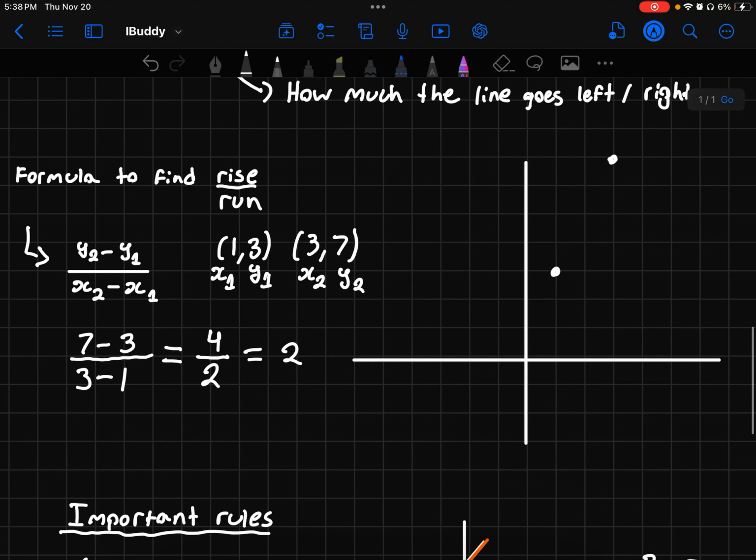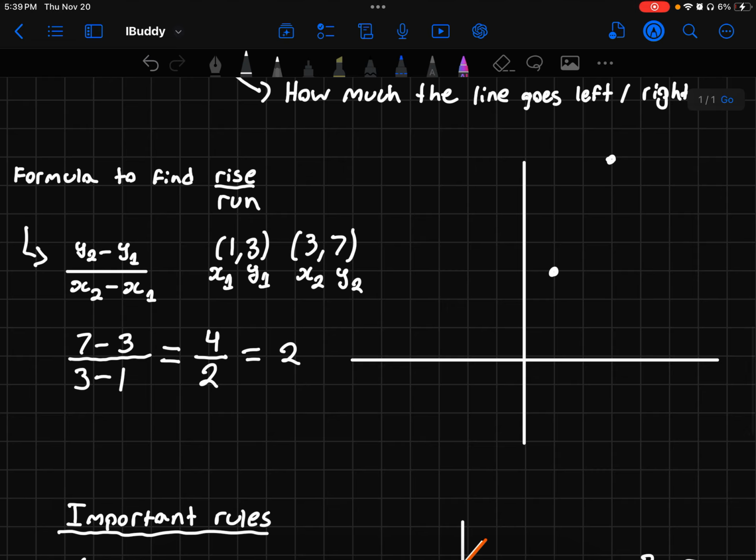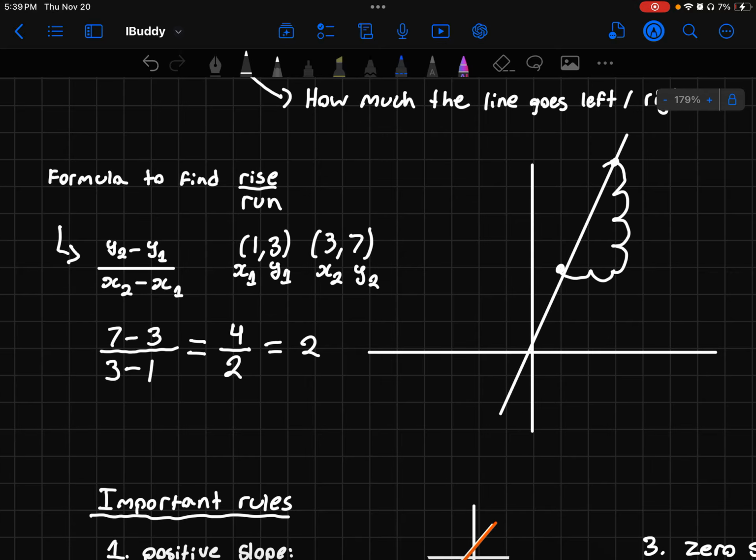Okay, so you have those 2 points. Then we can double check this: 1, 2, that's 1, 2, 3, 4. So it's right. Then you just make your line like that. That's how you would find the slope if you didn't have a graph to refer to.